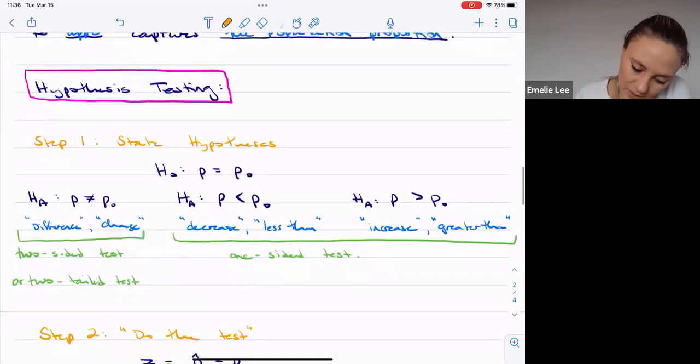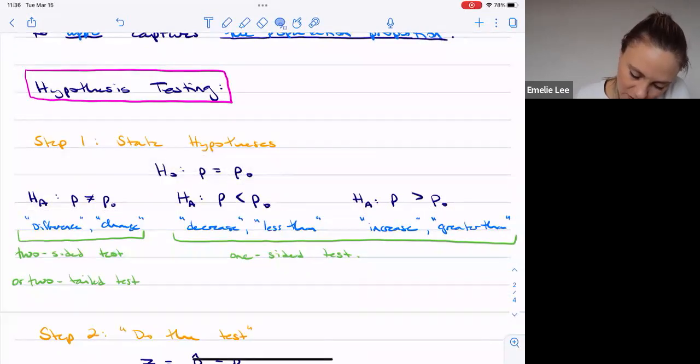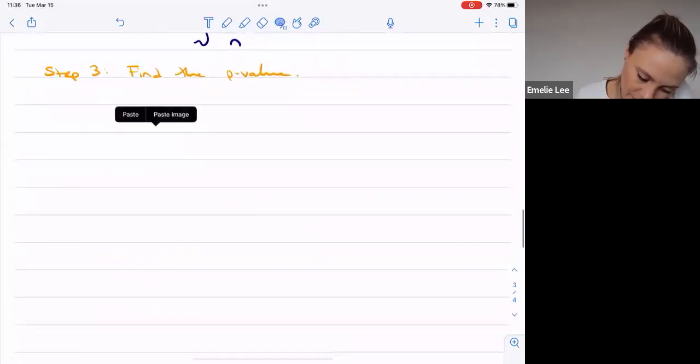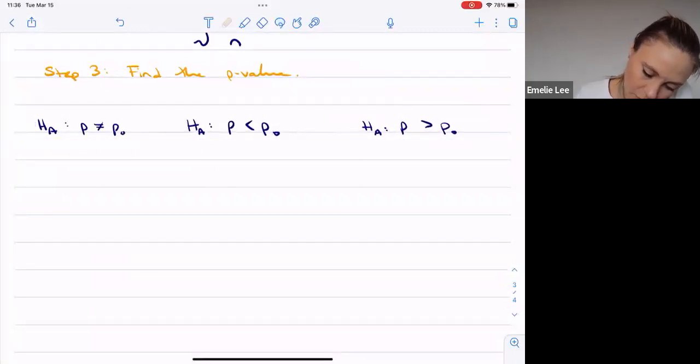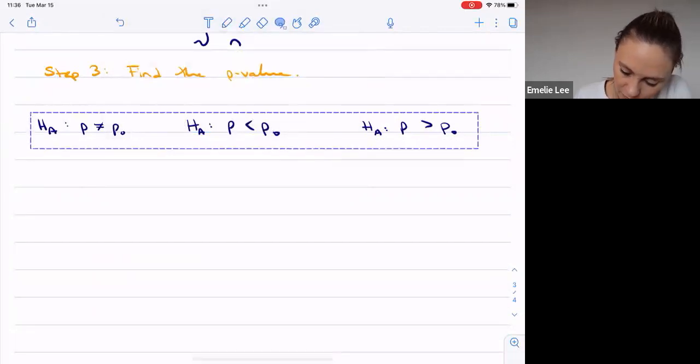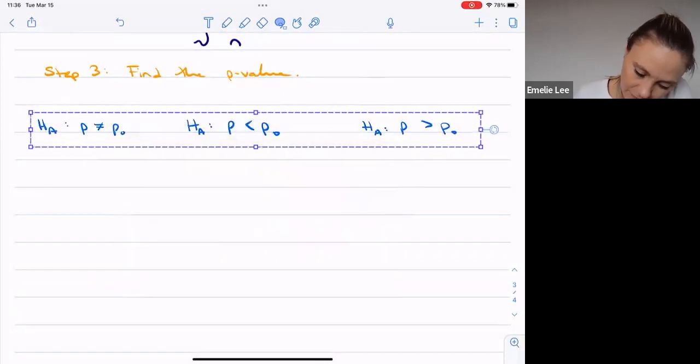So now I'm going to just snag this and copy this, and maybe I'll change the color of this because it's from earlier.